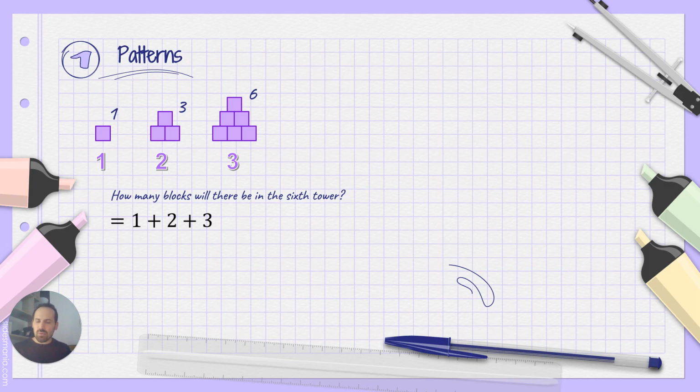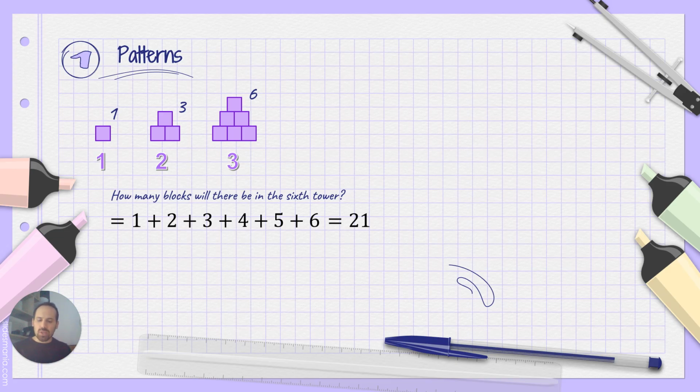In that 3rd tower, we've got 1 plus 2 plus 3. If we start looking down the rows of the tower, the first one is just 1. The second tower is 1 plus 2. The third tower is 1 plus 2 plus 3. And we could continue that on. The 6th tower would then be 1 plus 2 plus 3 plus 4 plus 5 plus 6. And if we work all that out, it's going to come out to 21.